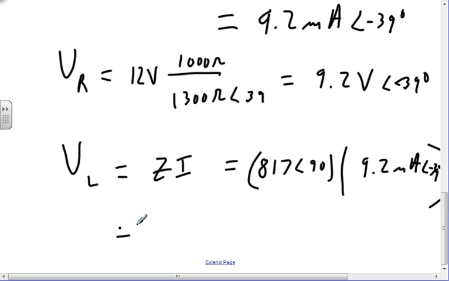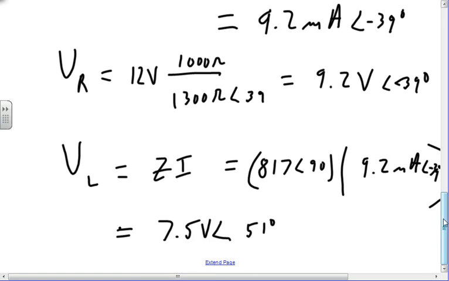And we multiply the magnitudes. 7.5 volts, angle 90 minus 39, 51 degrees. Volts, angle 51 degrees.